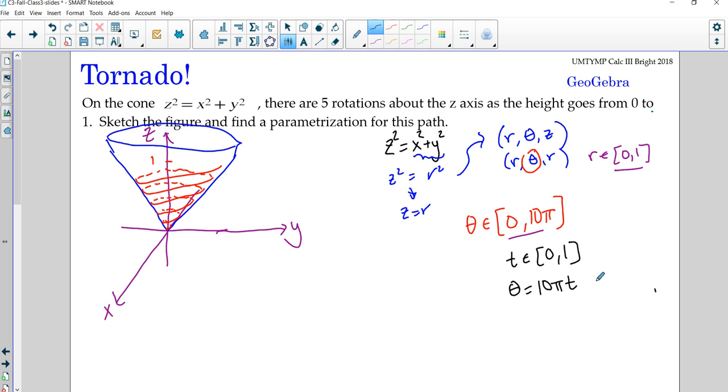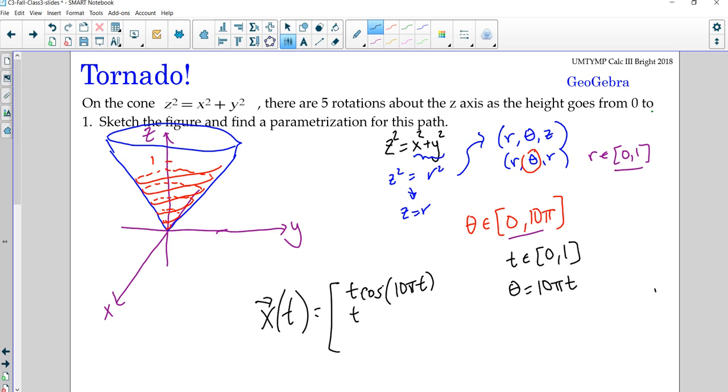Alright. Then, with this parameterization, we can go ahead and introduce the parameterization for the whole figure. Okay. If we're using cylindrical coordinates, the parameterization would be, for x, it would be r cosine of theta, and r here we're using t instead. t, and then cosine, and then theta is 10 pi t.